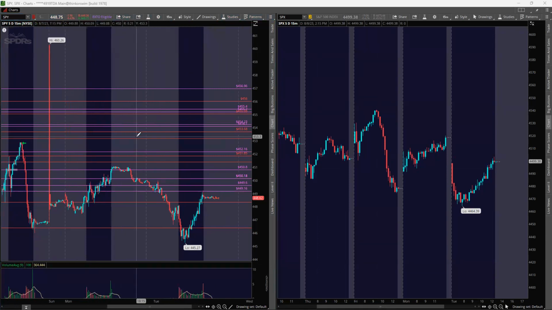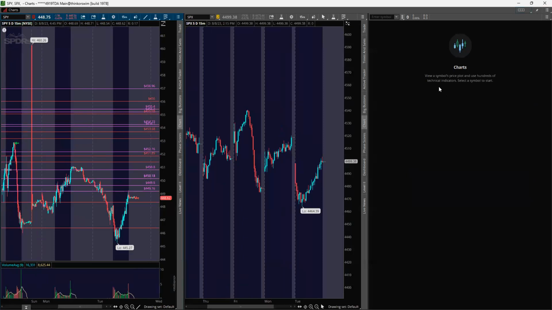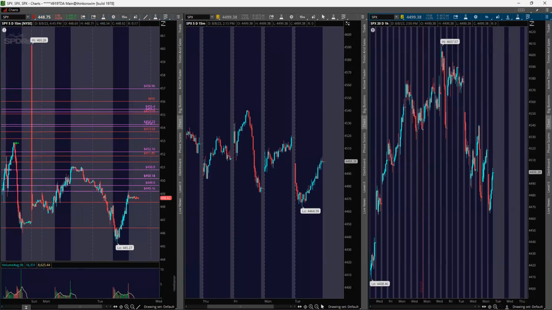Okay. So the number one thing, and I know Hassan does this, and a lot of people that trade SPX will trade this way. If you can see my screen, this is normally how I have my trade desk set up. On the far left, I'll usually have my SPY chart up.